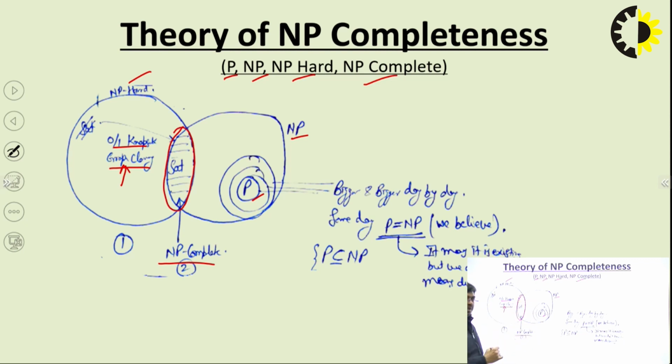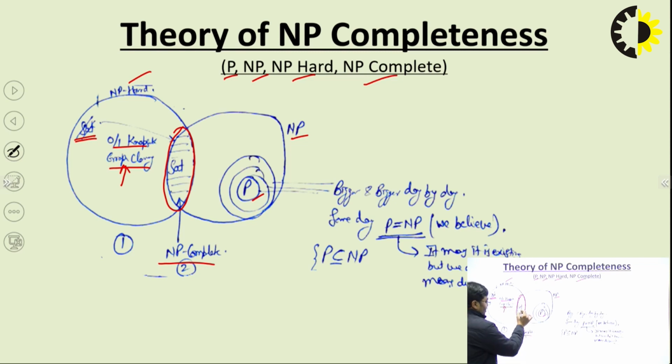Means the satisfiability problem has an algorithm which can be solved non-deterministically in polynomial time. It means the satisfiability problem was earlier in NP hard, but it is currently in NP complete.